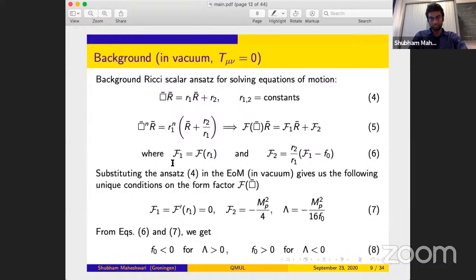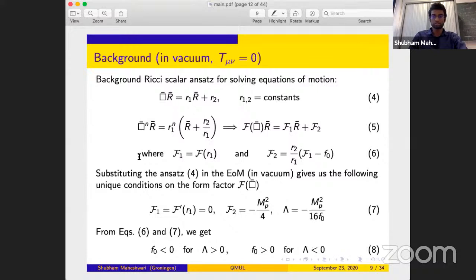So they are defined over here, where f1 is just this function evaluated at the point r1, and f2 is some constant divided by another constant multiplied by f1 minus f0. And this f0 is basically the first coefficient in this power series expansion of f of box. So these are just some numbers, f1 and f2.